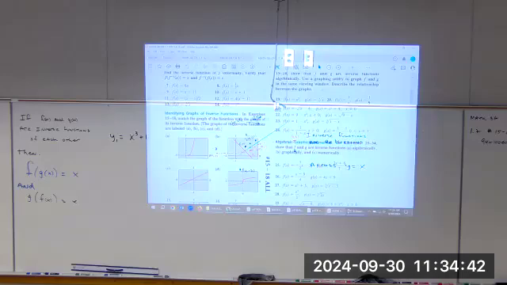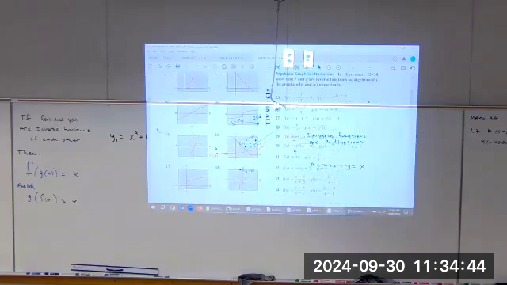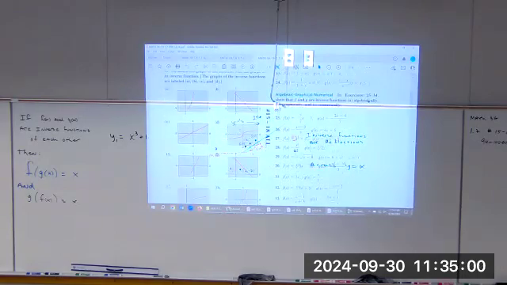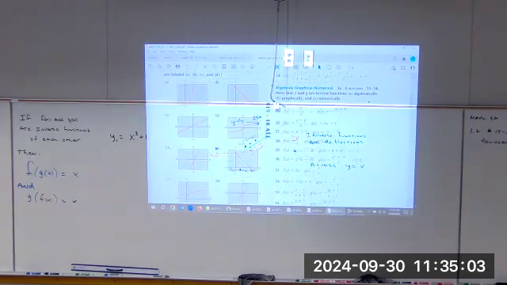So you have numbers 15 to 18 right here, and then A through D are the potential inverse functions. Each is a graph of a function with a graph of its inverse function. The inverse functions are A, B, C, and D. Pull down the screen.